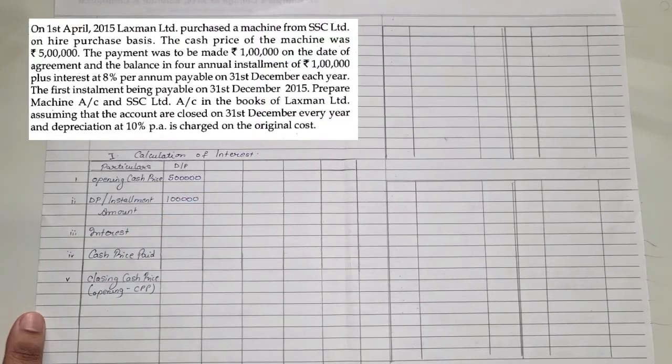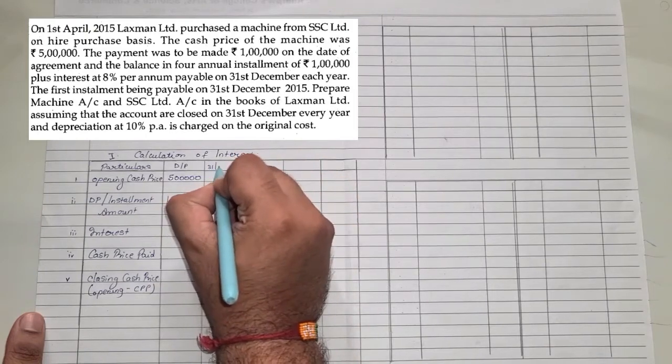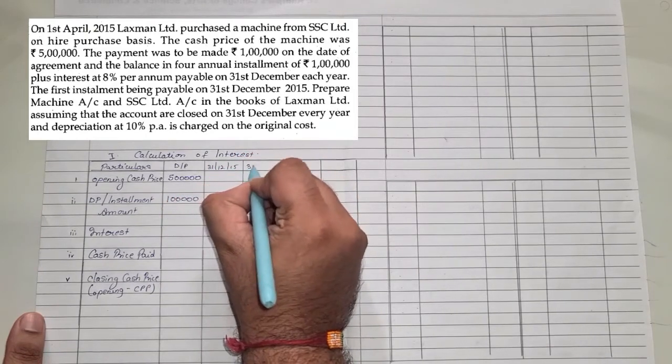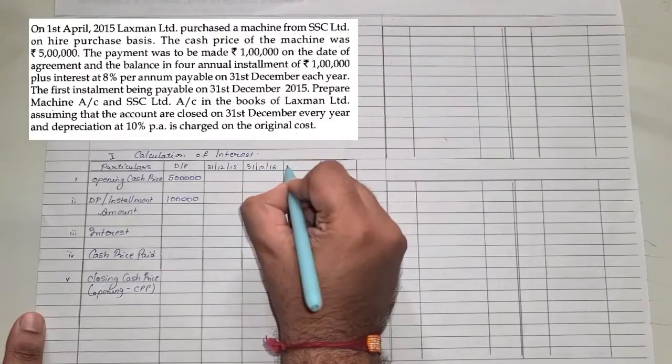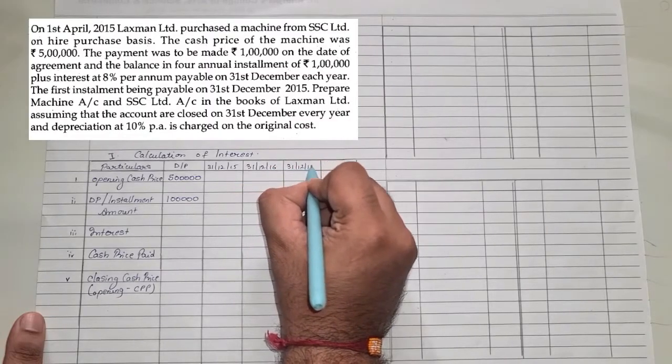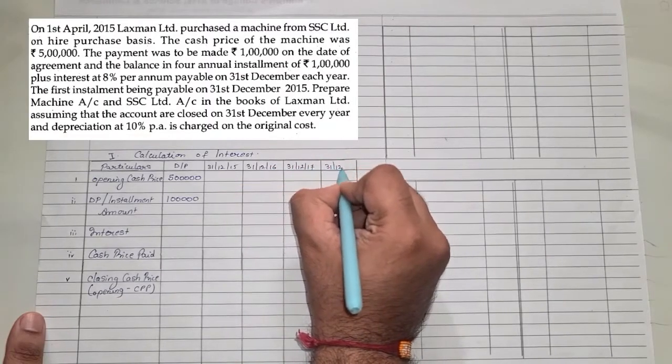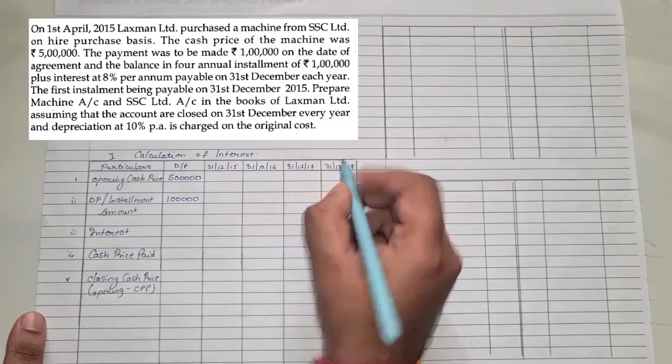And the balance in 4 equal installments of 1 lakh plus interest at 8% on 31st December every year, starting from 31st December 2015, 31st December 2016, 31st December 2017, and 31st December 2018.